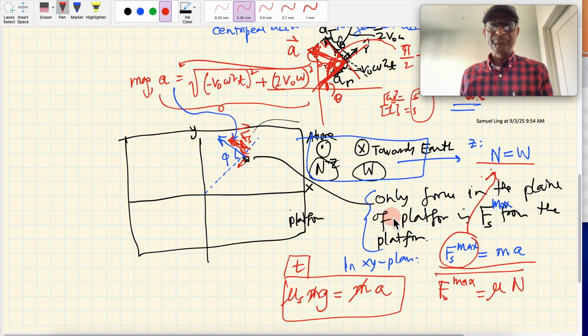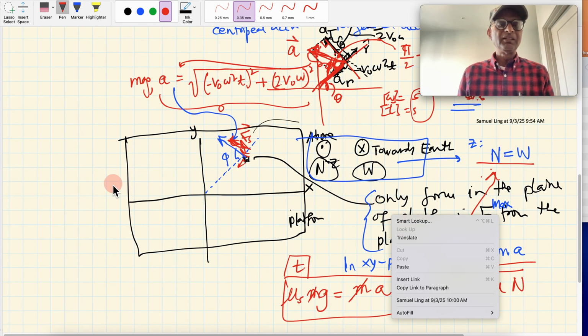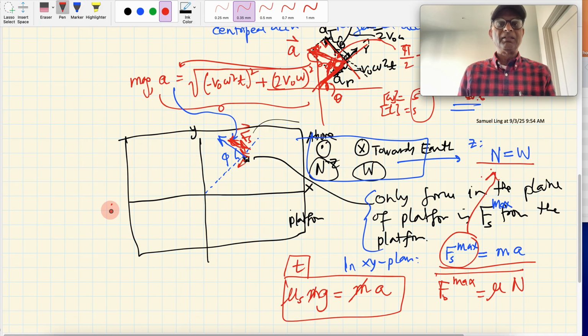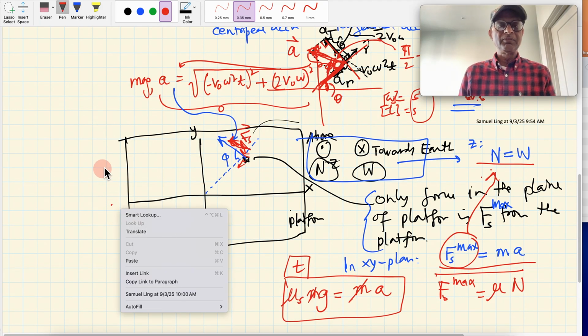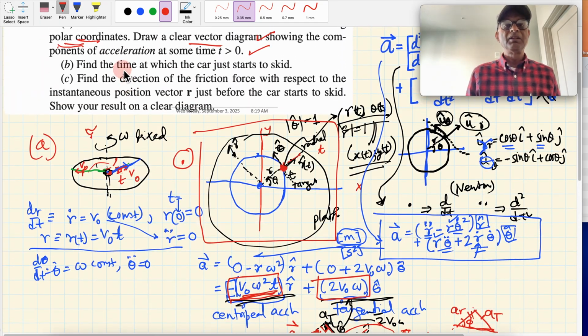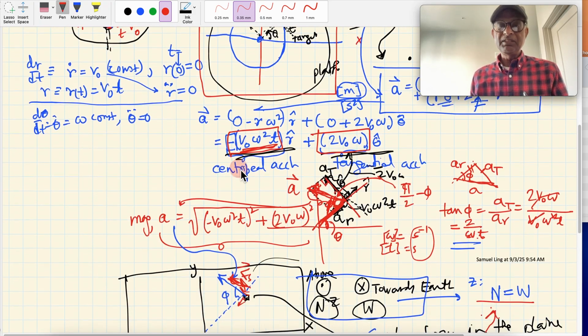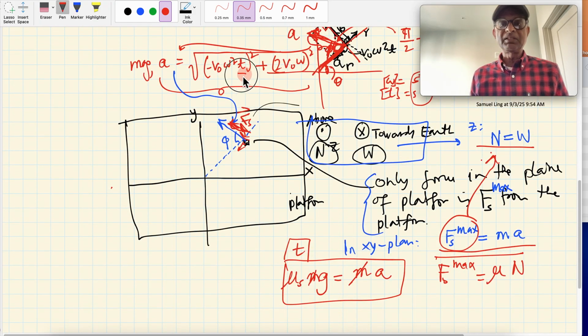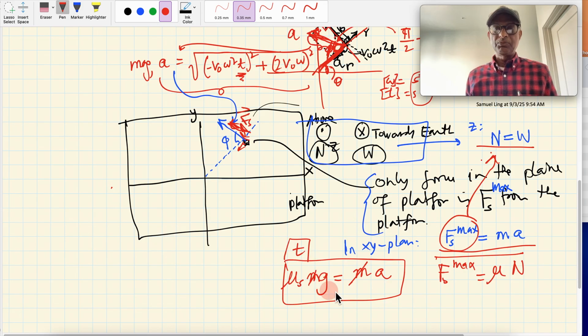And so let's see what we have. The problem, I think, is to find the time at which the car just starts to slide. Yeah, acceleration is increasing with time, so force is increasing.